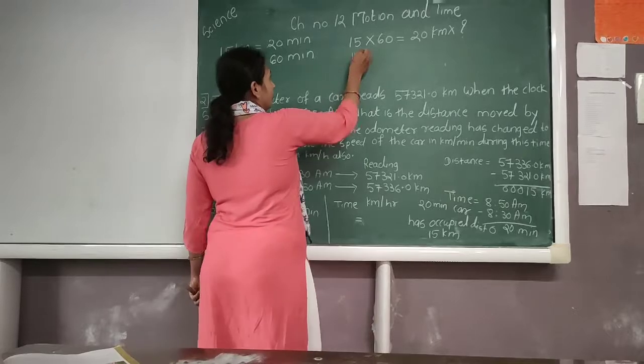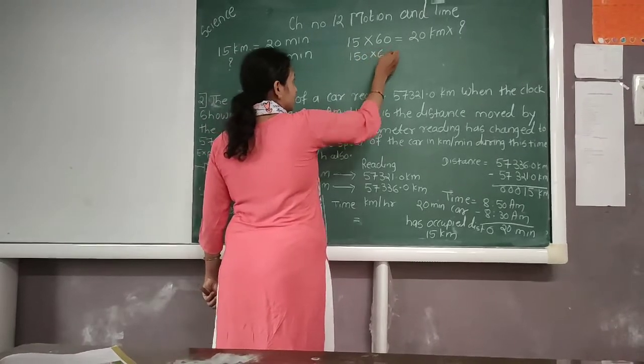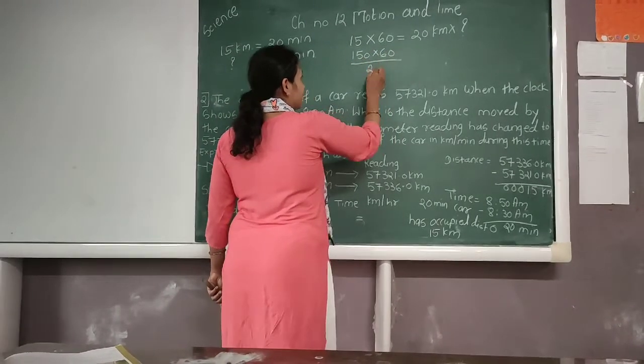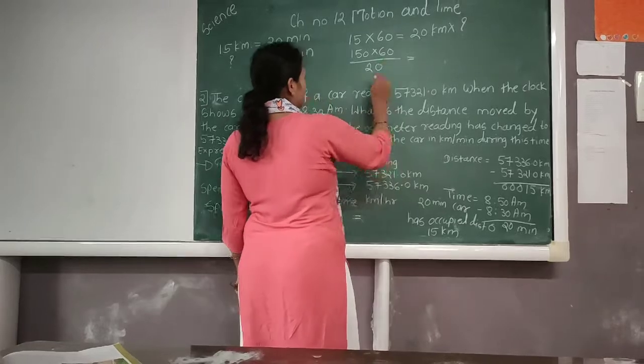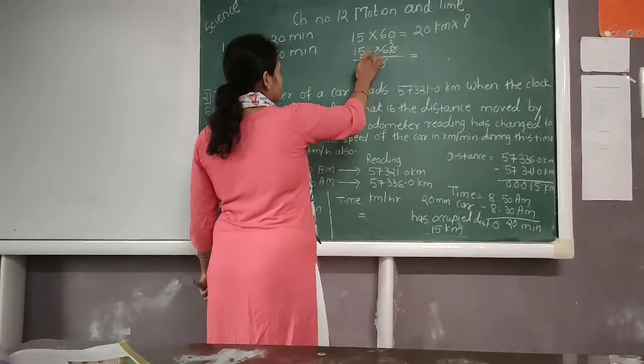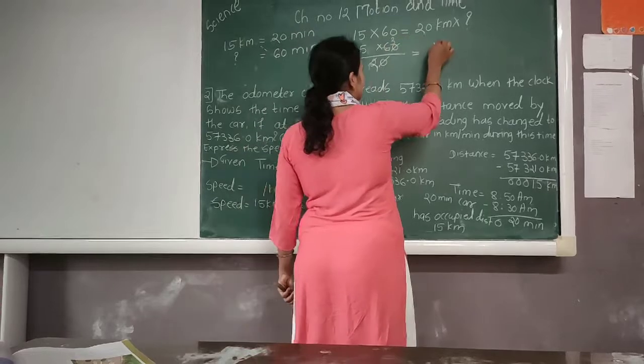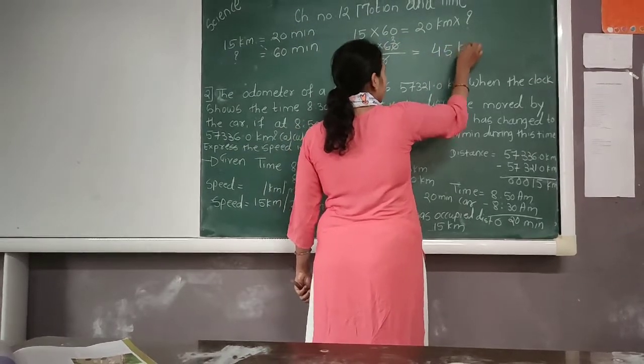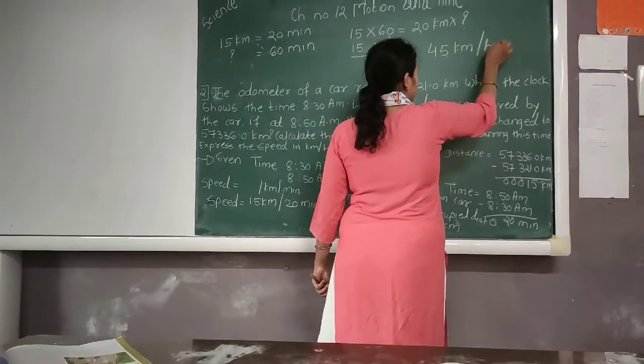So, 15 into 60 divided by 20 is equal to, this is actually 15 now. So, 15 threes are 45 kilometer per hour.